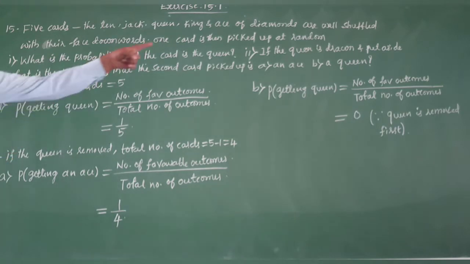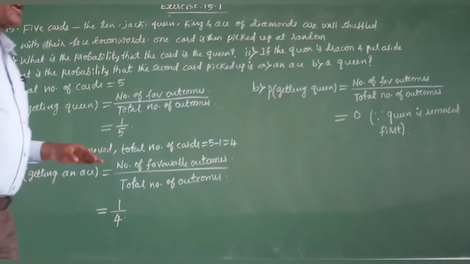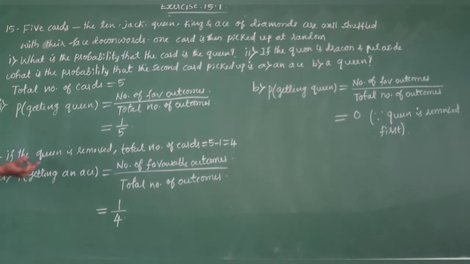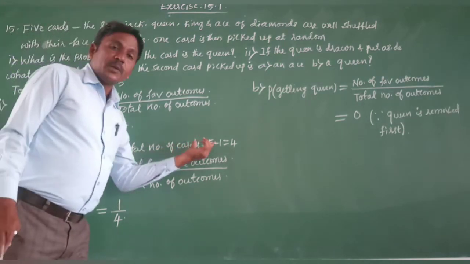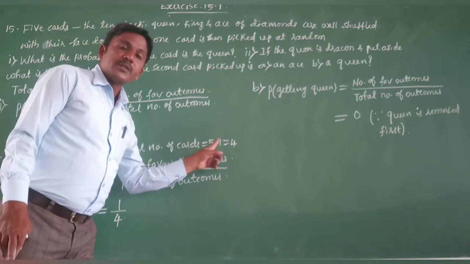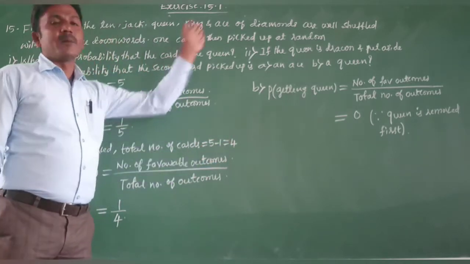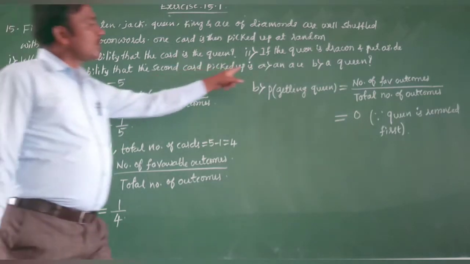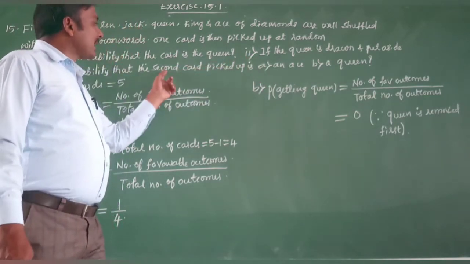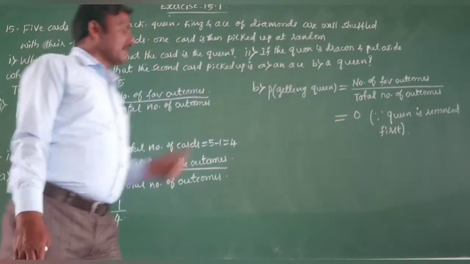Next, if the queen is drawn and put aside, if the queen is removed or drawn, then the total number of cards remaining will be 5 minus 1 gives us 4, because queen is kept aside. So in that first one, probability of getting, after removing, second card picked up is an ace.